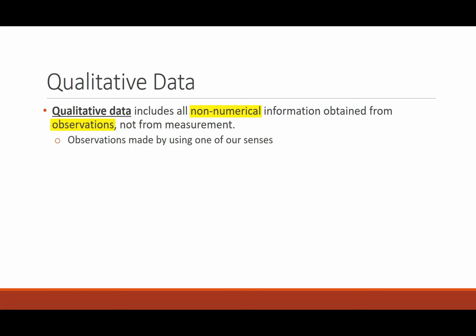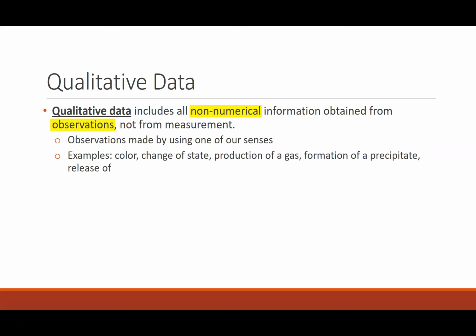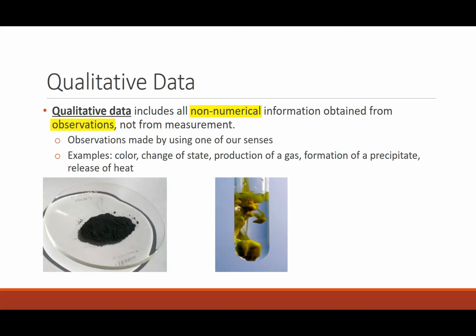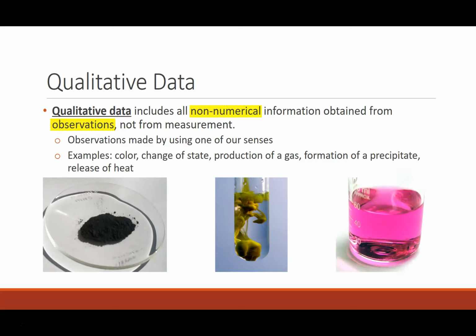Some examples of qualitative data you might record in the lab are color, change of state, production of a gas, formation of a precipitate, or release of heat. For example, we might observe that this substance is a black powder, or that this reaction produces a yellow precipitate, or that the endpoint in a titration is reached when the solution turns pink.